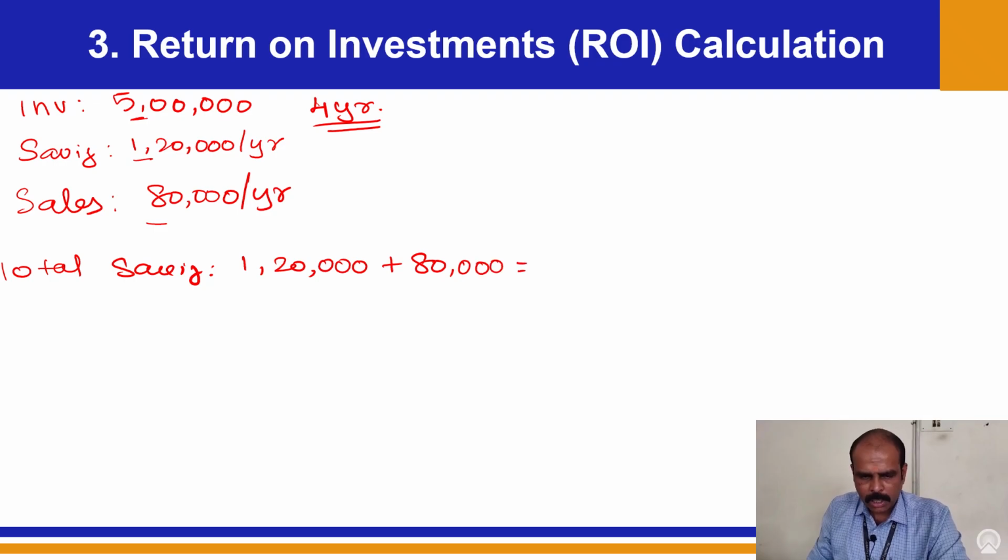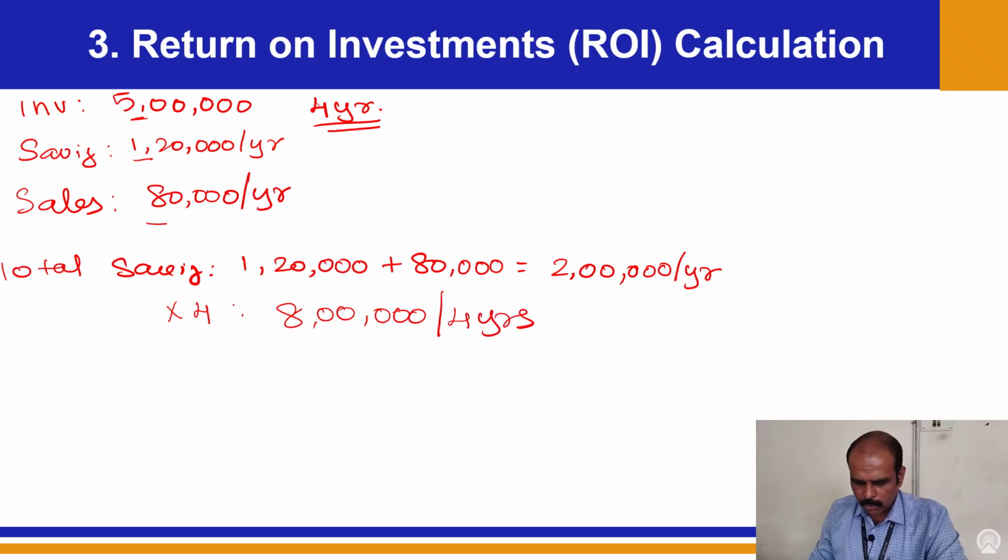When we compute this, it becomes 2 lakhs per year. But the problem says we need to know it for 4 years. So computed for 4 years, we get a value of 8 lakhs.